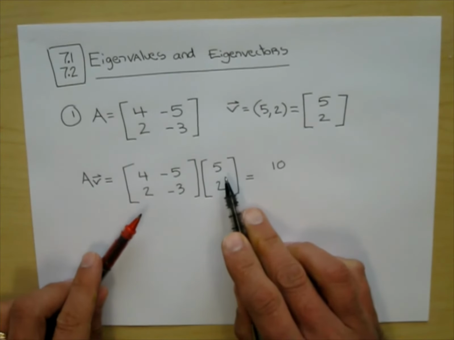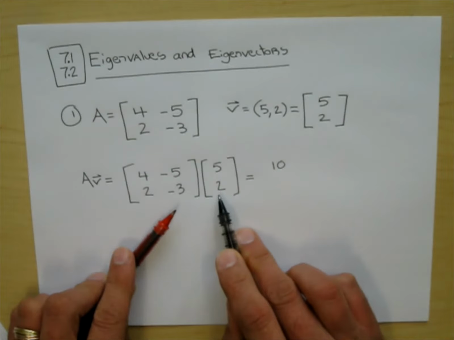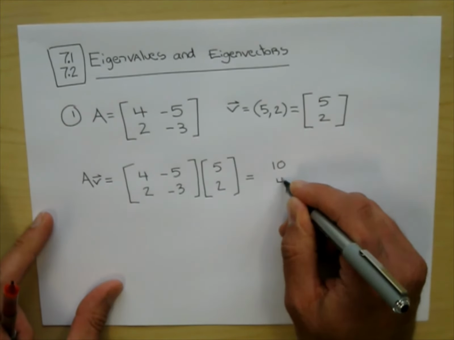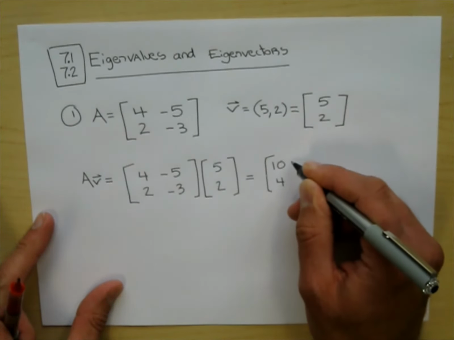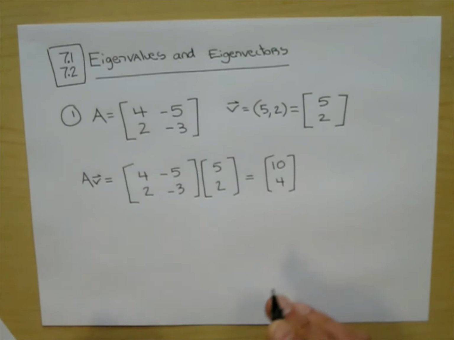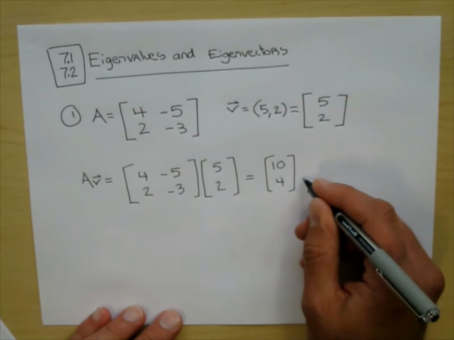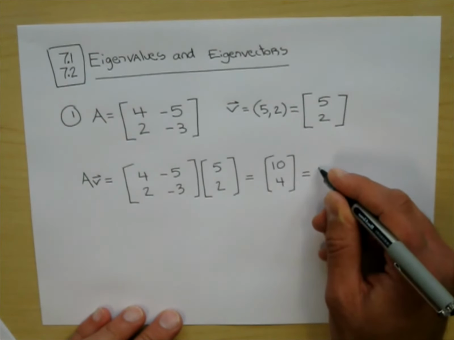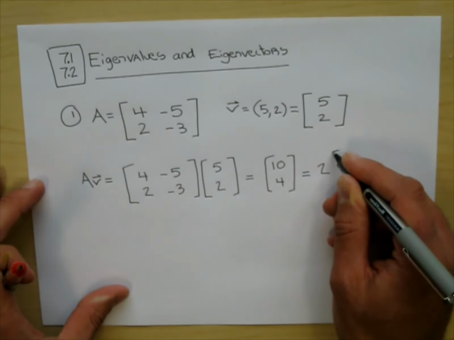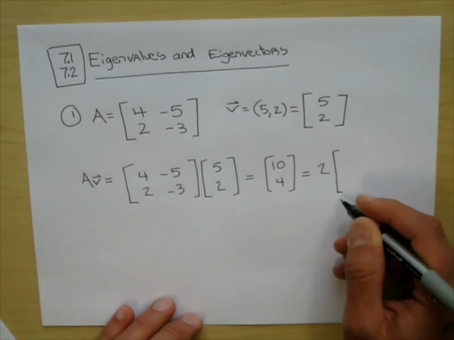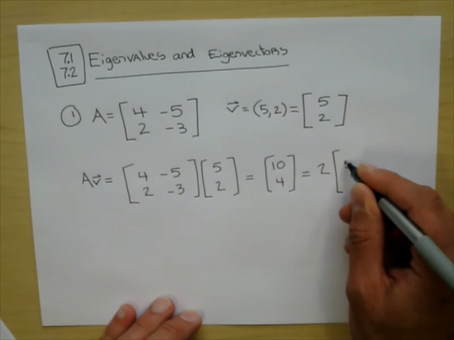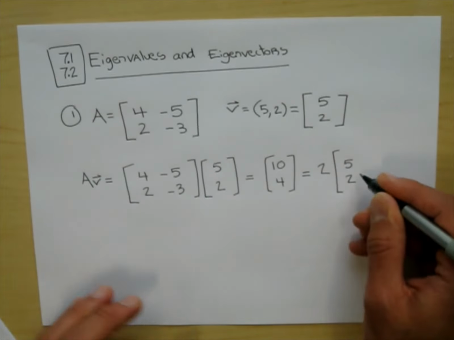And then we get 10 minus 6, which is 4. So we end up getting 10, 4. There's our answer. What I'm going to do with this 10, 4 is I'm going to factor something out of it, like maybe a 2, and write it as a scalar multiplication. So I'll write 2 times the vector 5, 2.